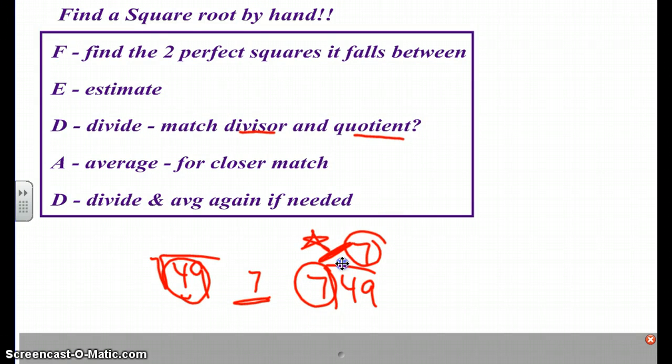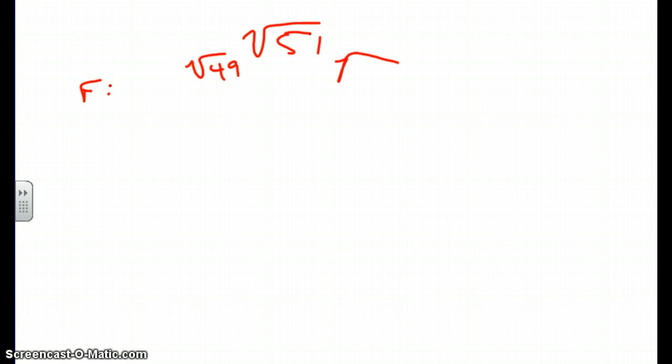So when we try this with a number that is not a perfect square number, somebody give me a number that's not a perfect square. 51. 51, okay. Square root of 51. Let's try it. We're going to estimate, find the two perfect squares it falls between. Which two perfect square numbers does it fall between? 49. 49 and? 64. 64. Which is it closer to? 49.